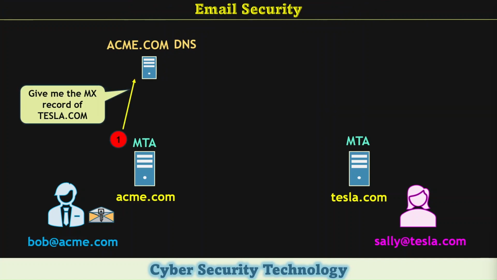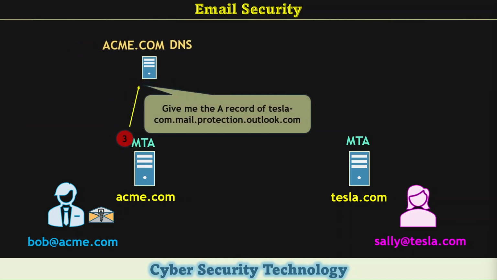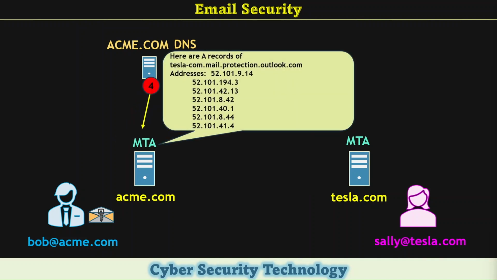To resolve the tesla.com MTA IP address, the acme.com MTA will send a DNS query asking for the MX record of tesla.com. It will receive the MTA hostname. A second DNS query is sent to get the IP addresses. When the response arrives, the MTA stores the data in its own cache storage, so the next time it doesn't need to query the DNS.